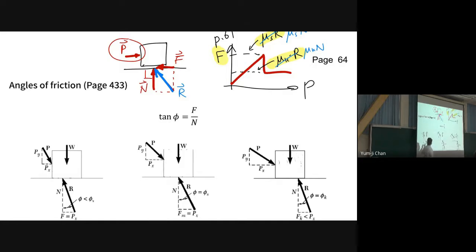N is always perpendicular to the surface, and F is along the surface, and the summation of the two forces is R. So for this angle, we can mark it phi.